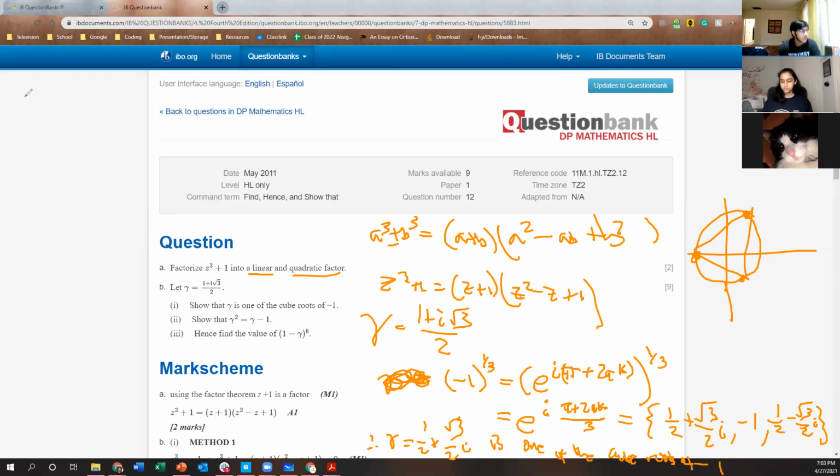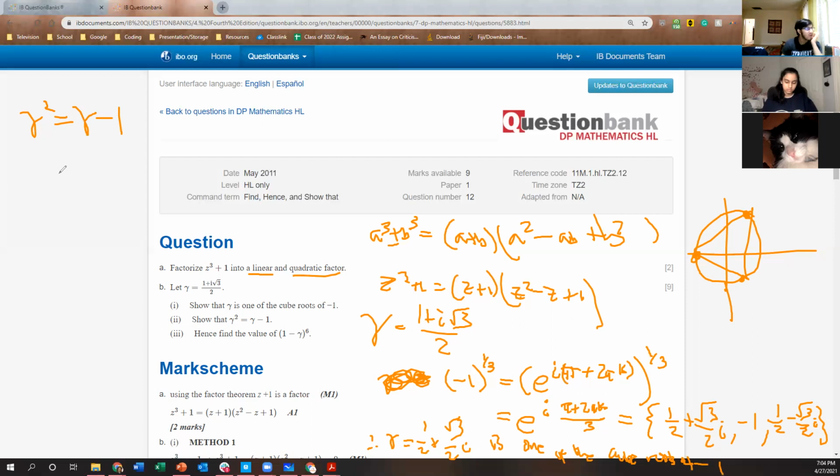So now we want to show that gamma squared minus gamma equals gamma minus 1. How can we do that? Well, we know that gamma is one of the cube roots, right?